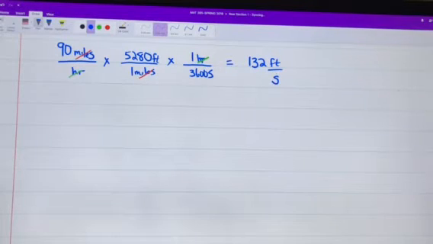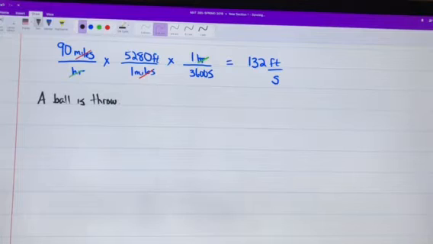Now, let's say that going back to the very same tower, you have a ball that is going to be thrown downward, unlike the projectile which was fired up.